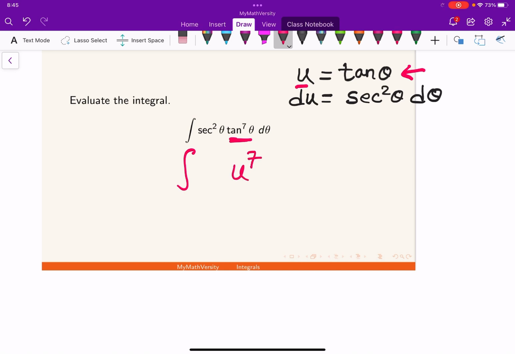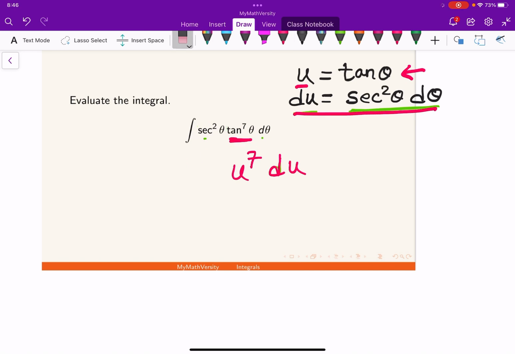After that, what is left over is the product secant squared theta times the differential d theta, and that's exactly what we have in the second relationship, where secant squared theta d theta is the differential du. So instead of secant squared theta times d theta, we can substitute du.